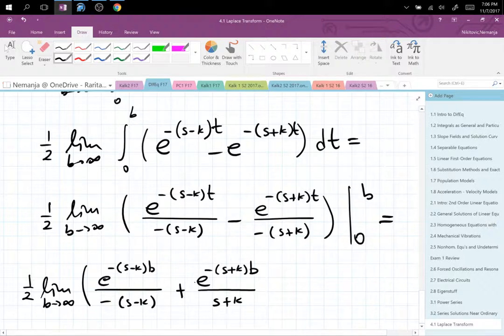That's it. And now we have minus. When I plug in 0 for the first one, it becomes e to the 0, so the numerator becomes 1. So I have 1 over, and the minus in front changes this one to plus. And then I have a minus, and a minus, and a minus from the formula becomes a minus. And this is s plus k.